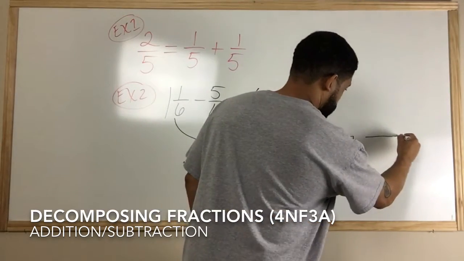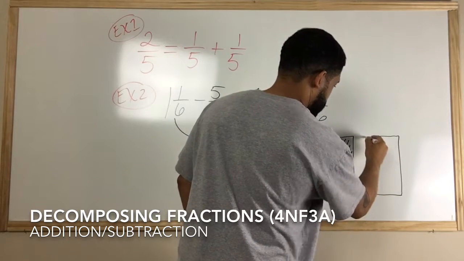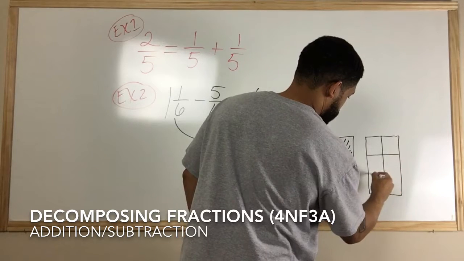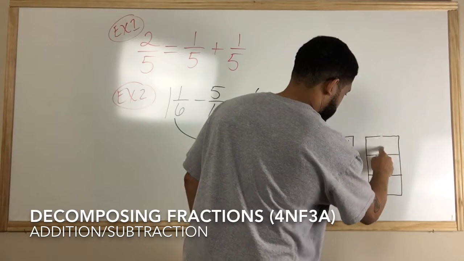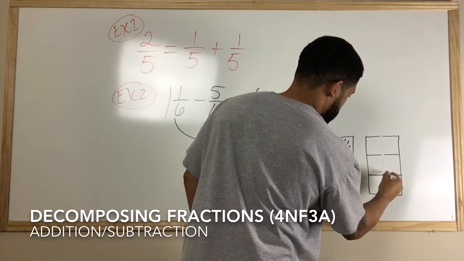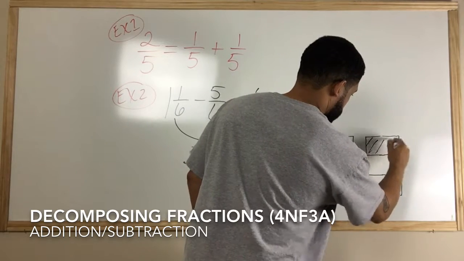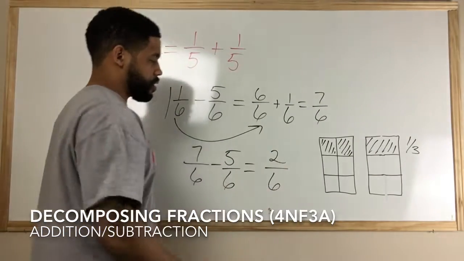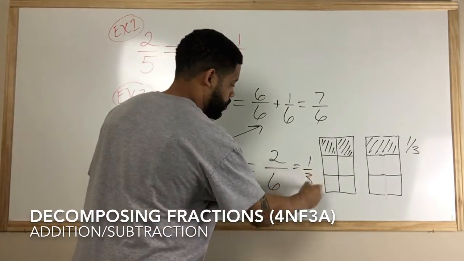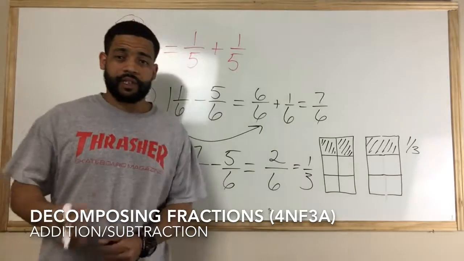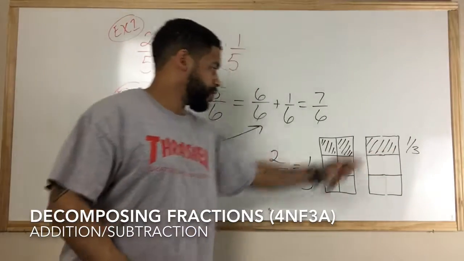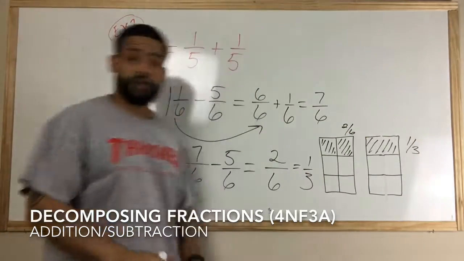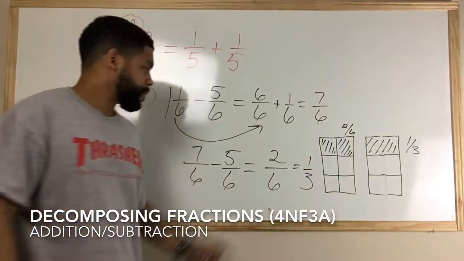Let's put another one and make it equivalent, and that is the same as, I'm so sorry, I forgot to erase that. So that's the same as 1/3. So we can say this 2/6 is equal to 1/3. Either way, they have the same value, but I want you all to see the visual with that. So this is 2/6, that's 1/3, and there you have it.